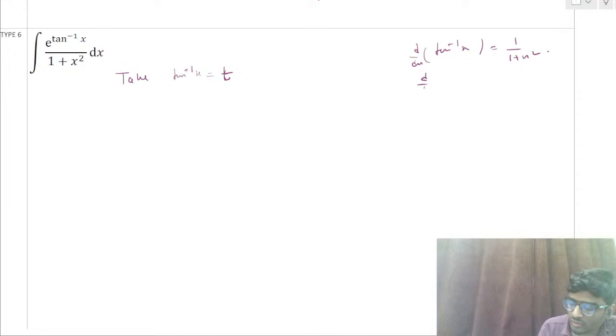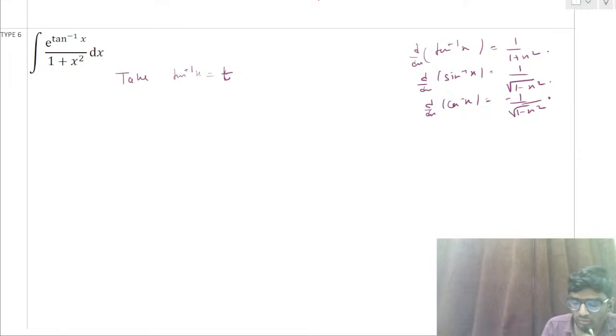The differentiation of sine inverse x is 1 upon under root 1 minus x square, and the differentiation of cos inverse x is minus 1 upon under root 1 minus x square. So when we differentiate with respect to t, we get 1 upon 1 plus x square dx equal to dt.